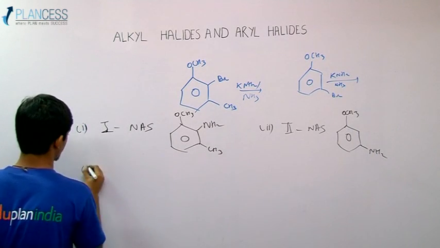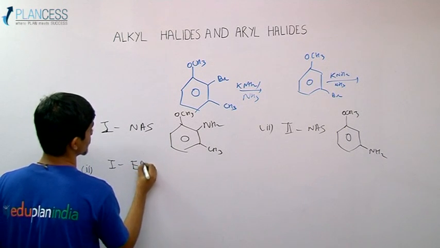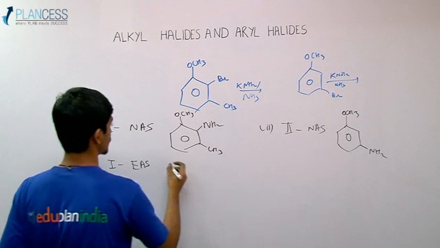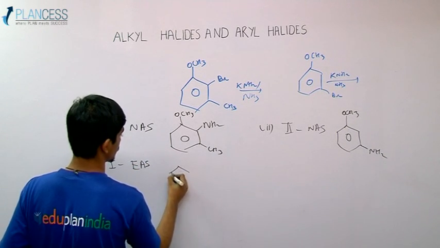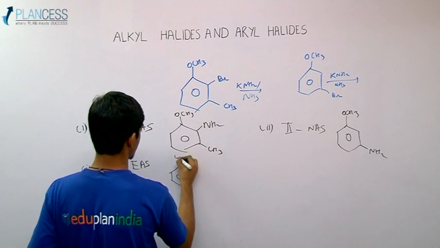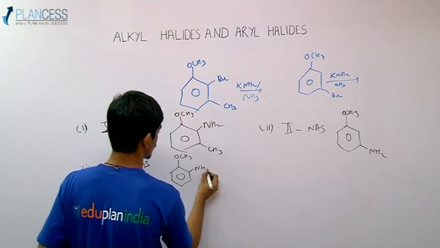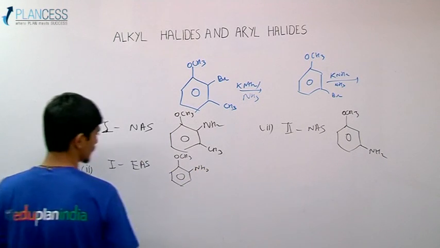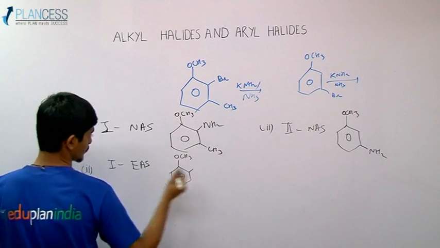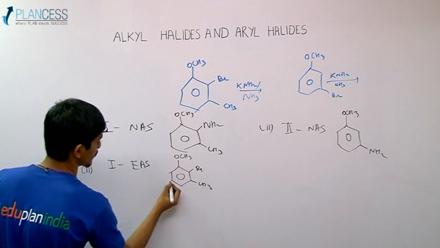The third option is that the first compound shows electrophilic aromatic substitution and this gives OCH3, NH2, sorry, Br, CH3 and NH2.